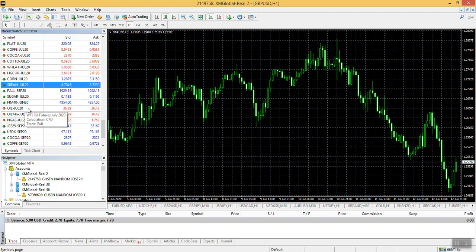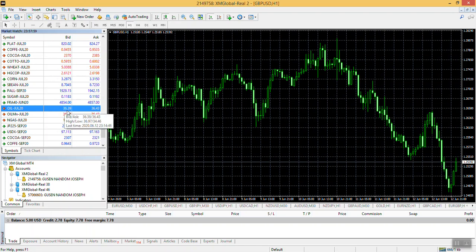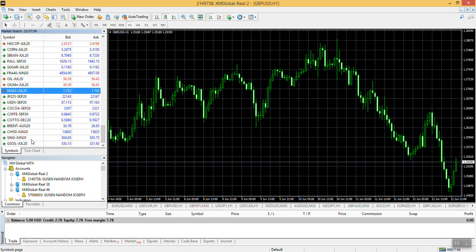Also in the commodities we have the futures. So this is the oil future. Right now we can see that the price of oil is $36.39 per barrel. This is the bid price, and this is the ask price. This is oil, this is natural gas, and we have the cocoa and all that.